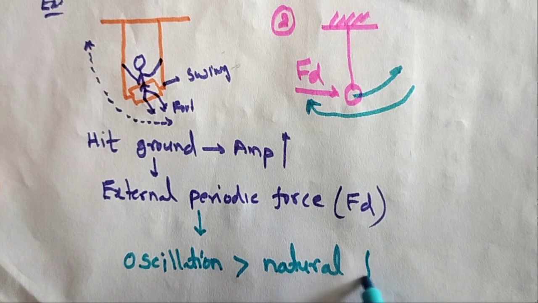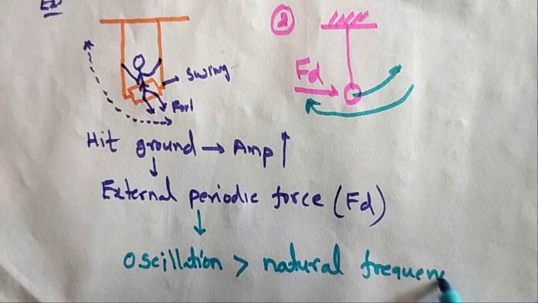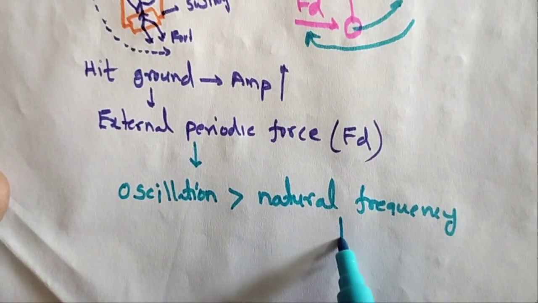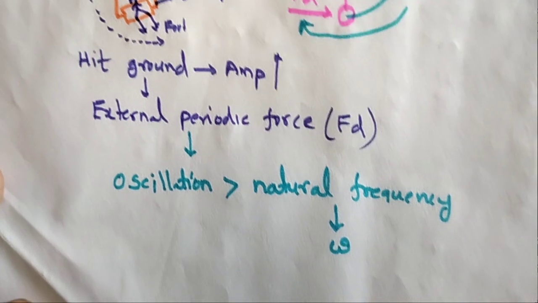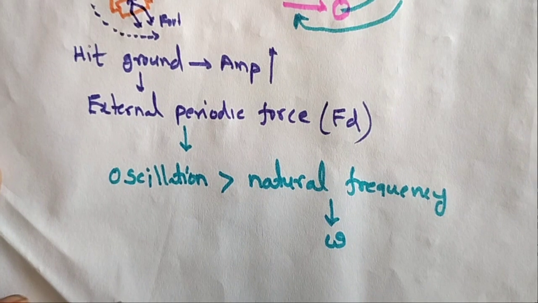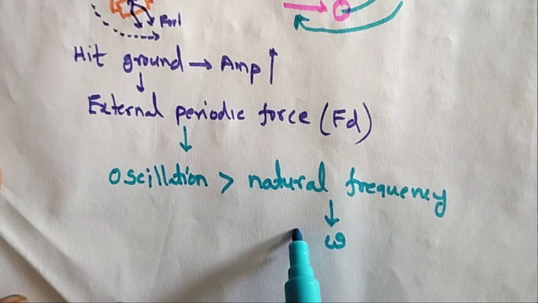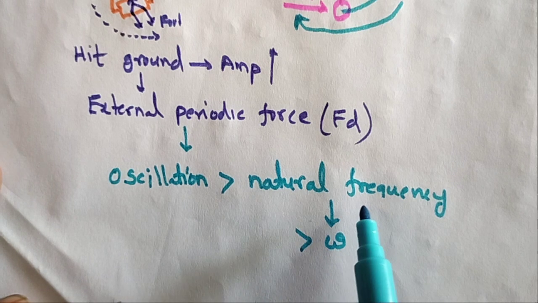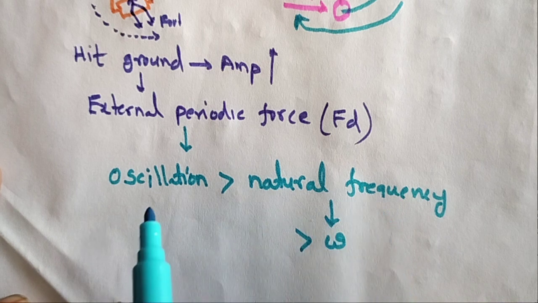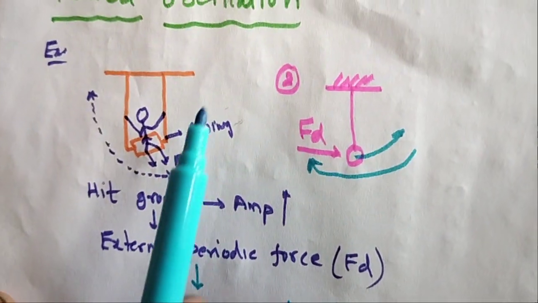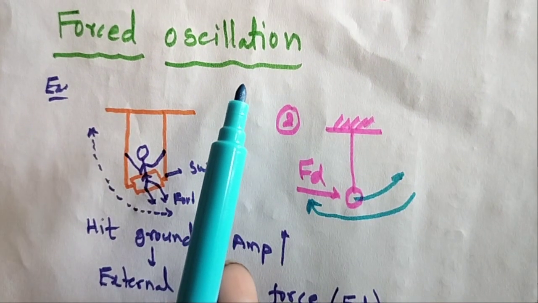Every object has a natural frequency omega. Above the natural frequency, the object will be oscillating. This type of oscillation is called forced oscillation.